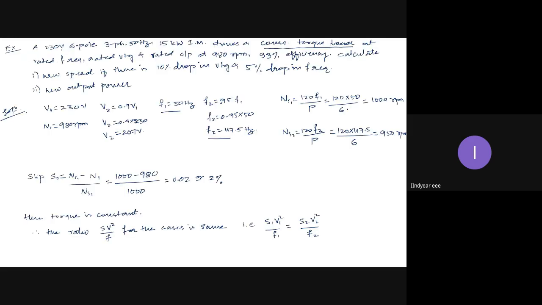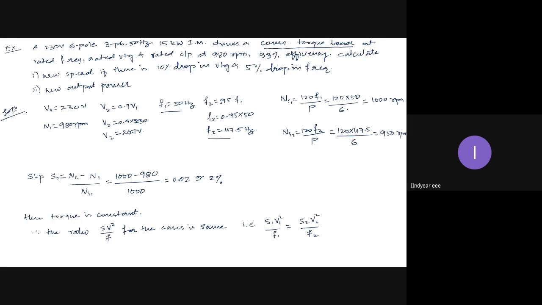Therefore, S2 is equal to S1 V1 square by F1 into F2 by V2 square. Now substitute all the values here.